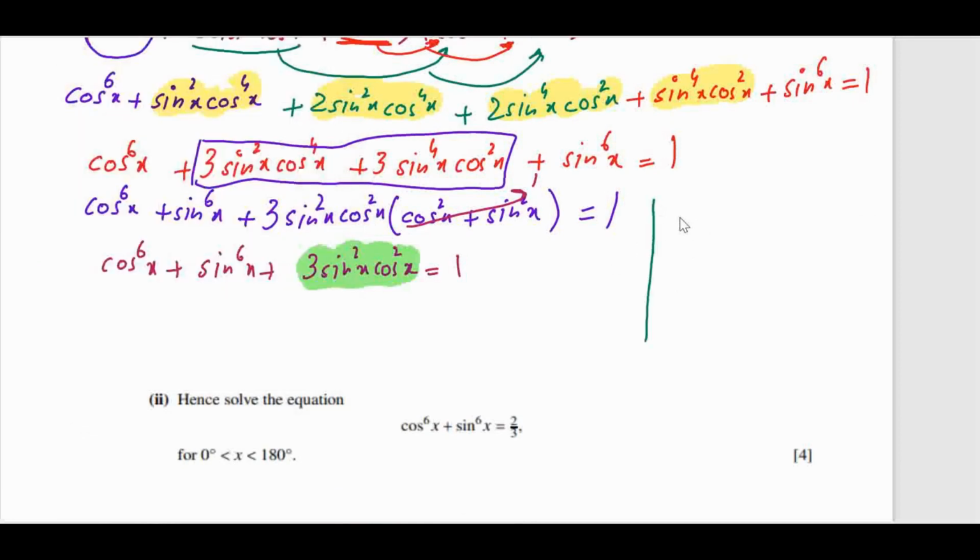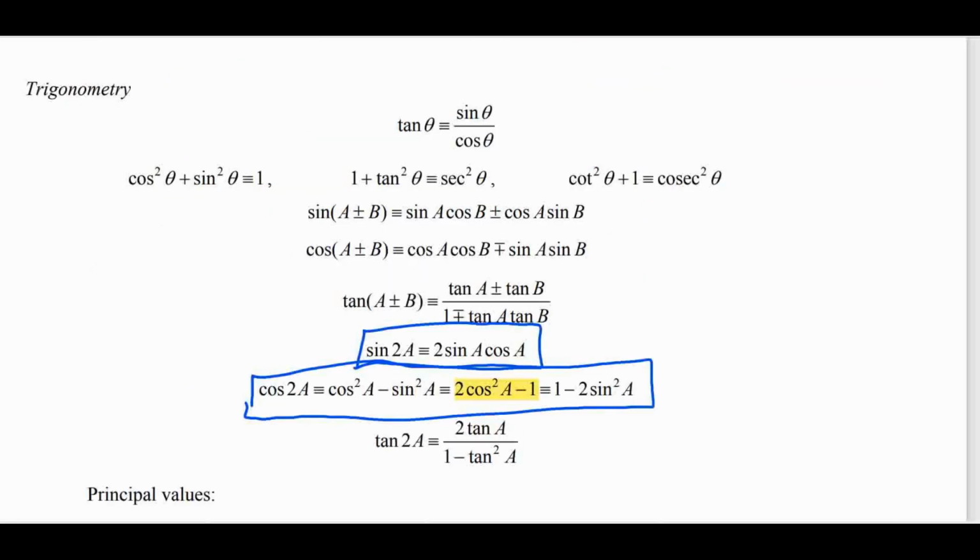So we can see that sine of 2x is equal to 2 sine of x cos of x. This one is an identity, a formula. You can see over here that this one is an identity. We have to use this one.